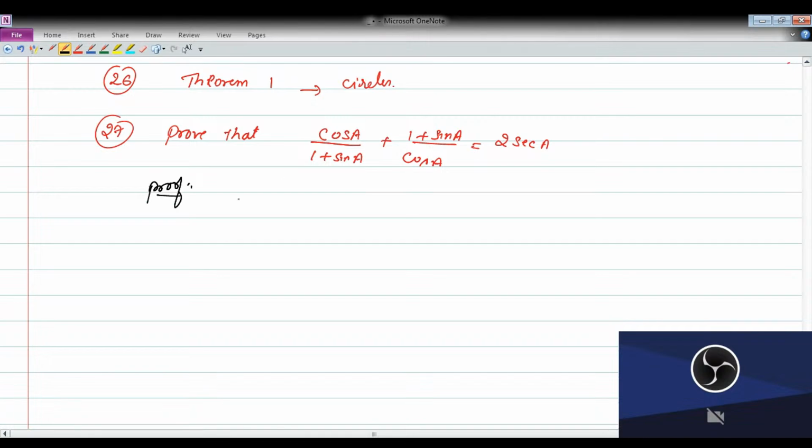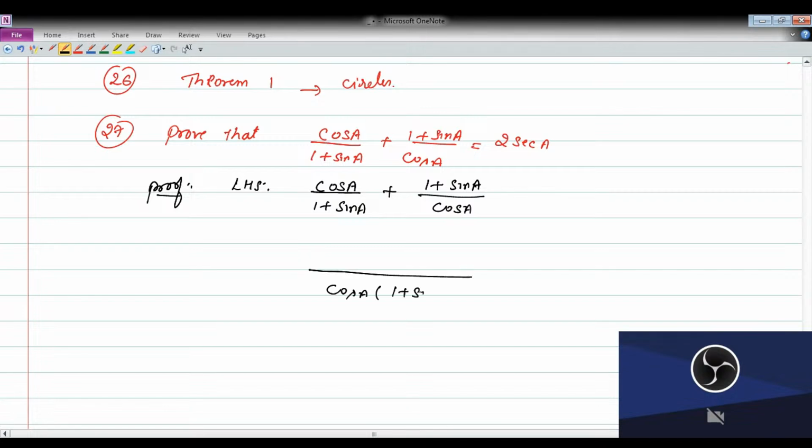So first consider the LHS. The LHS terms are cos a divided by 1 plus sin a plus 1 plus sin a divided by cos a. Now let us take the LCM. What is that LCM? Cos a into 1 plus sin a will be the LCM. So if we cross multiply, cos into cos, we will get cos square a. 1 plus sin a into 1 plus sin a will become 1 plus sin a whole square.